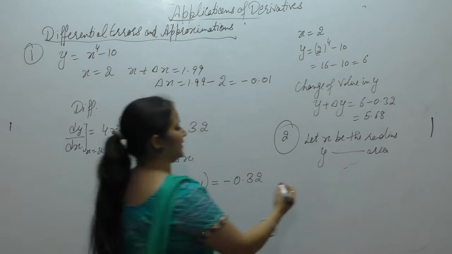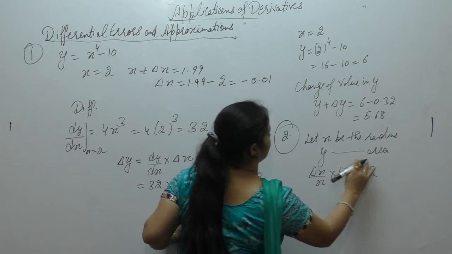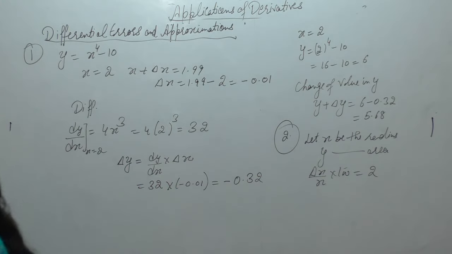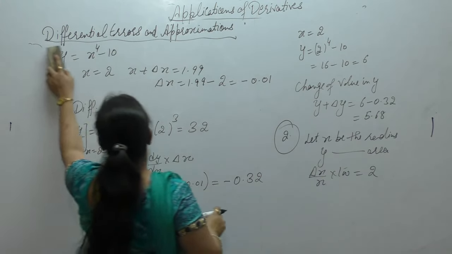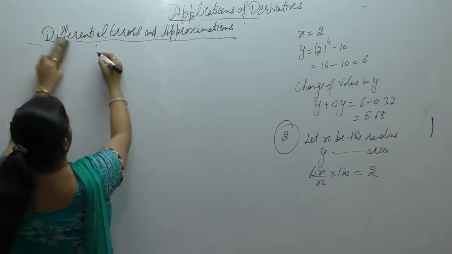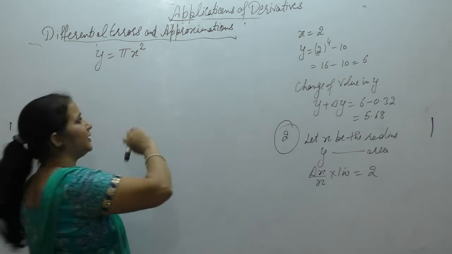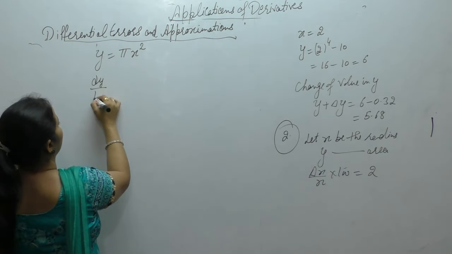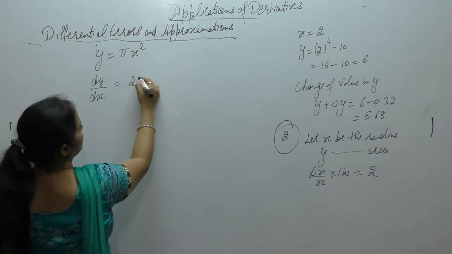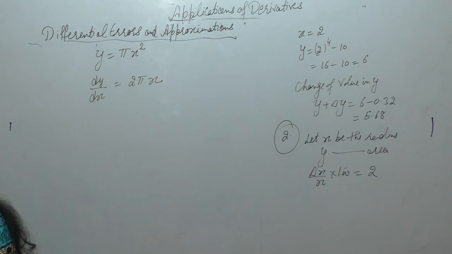Now we have given change is 2%. Now area of a circle is pi r square and r is x here. So we get y is equal to pi x square. Now differentiate. dy upon dx is 2 pi x. Clear?